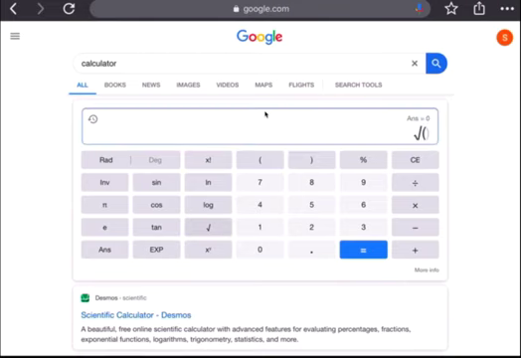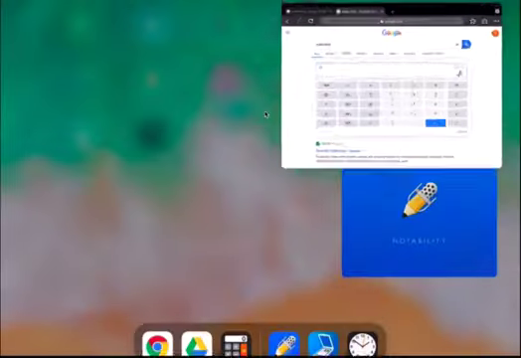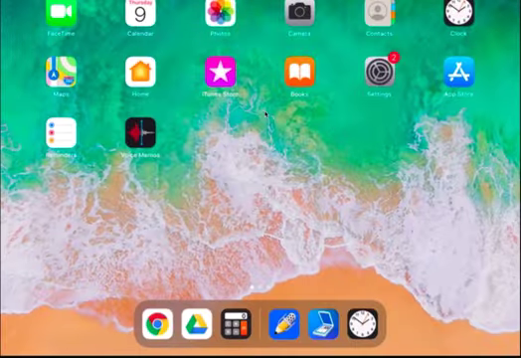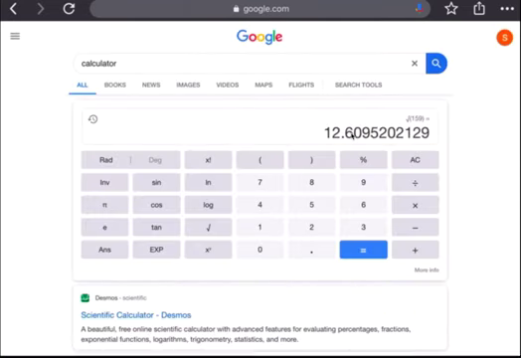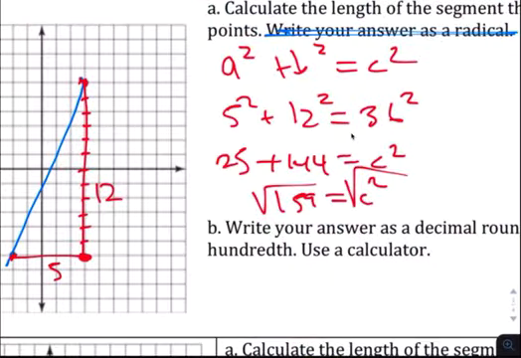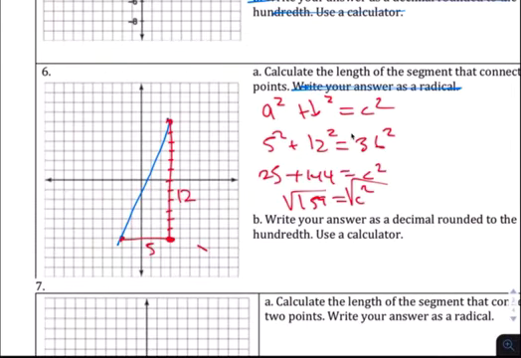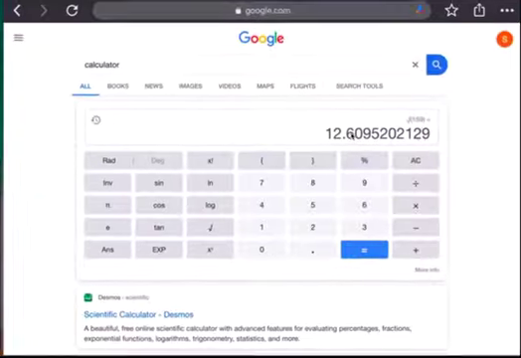Find the square root of 159. You got 12.06. Okay, so this hypotenuse is 12.06.